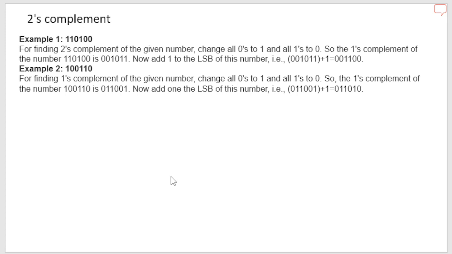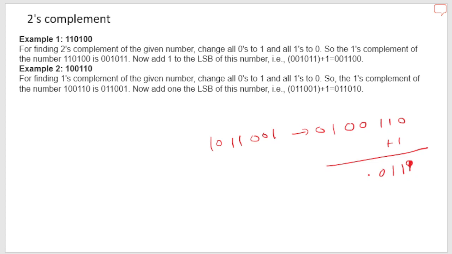For example, if we want to calculate the 2's complement of the number 1 0 1 1 0 0 1, firstly we will find the 1's complement of the number, that is 0 1 0 0 1 1 0. Okay, now we will add 1 to it, so this is 1 1 0 0 1 0 and it is the 2's complement of this number.